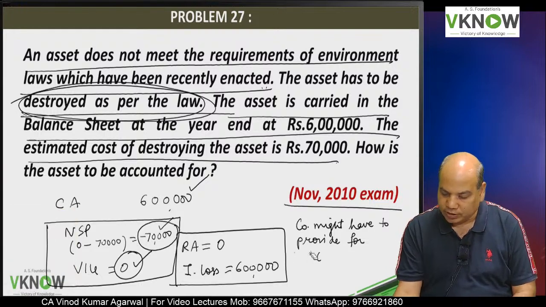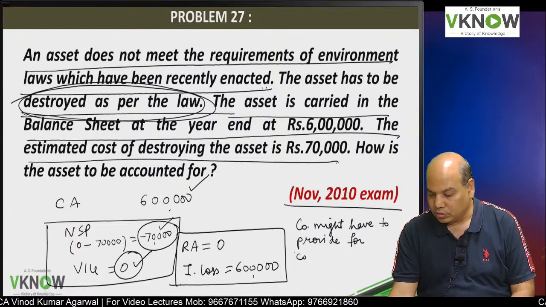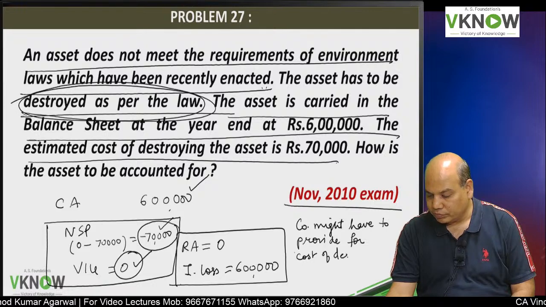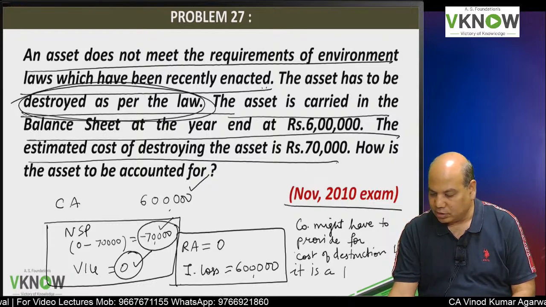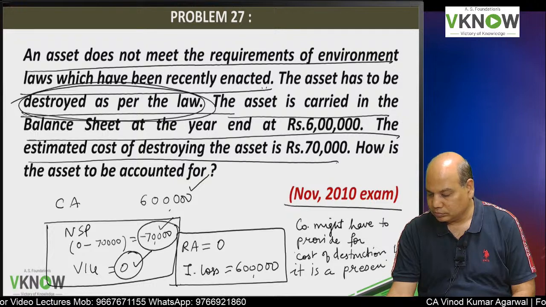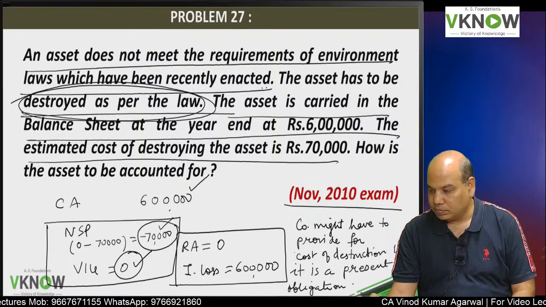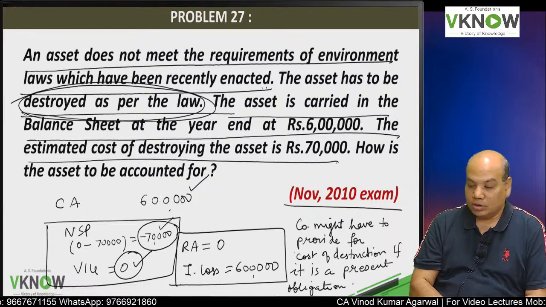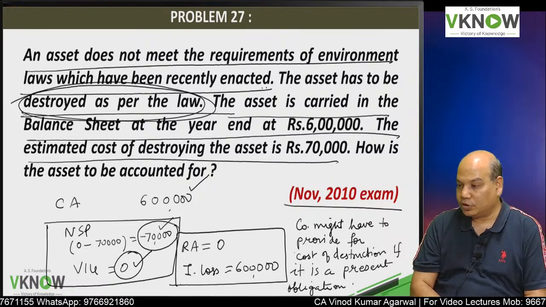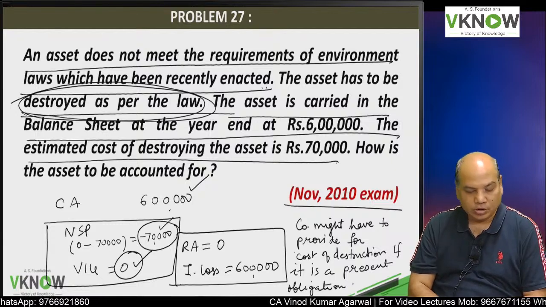Please note down in the answer: the company might have to provide for the cost of destruction if it is a present obligation. I will ask you to write one more line. The company might have to provide for the cost of destruction if it is a present obligation.